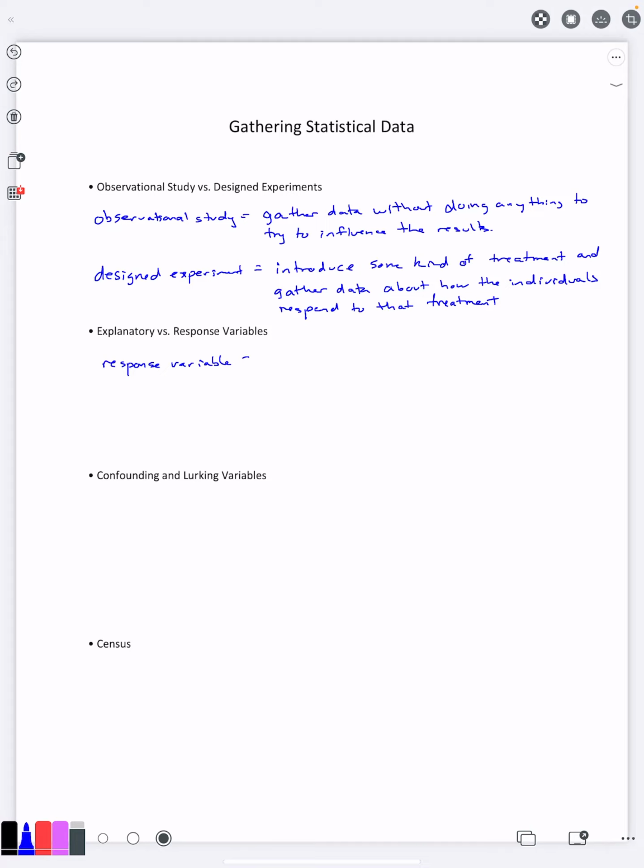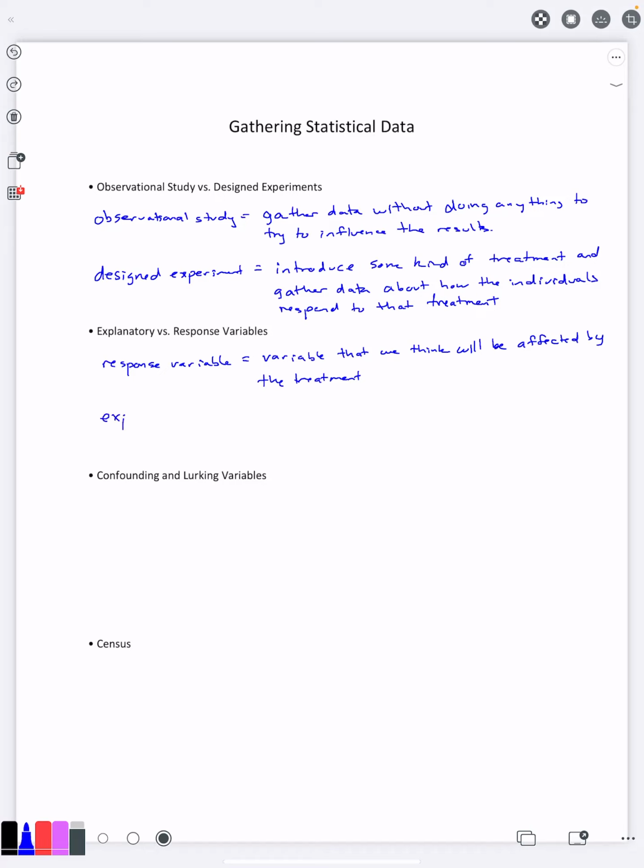A response variable is the variable that we think will be affected by the treatment. Right, so we are going to do something and see what happens as the output. The output is called the response variable.